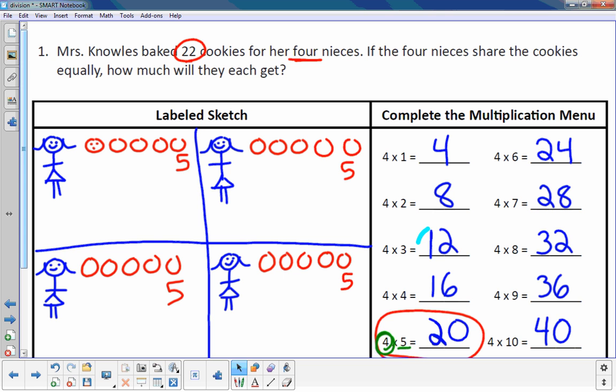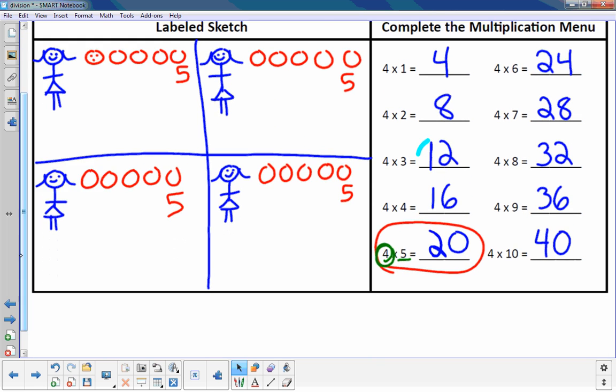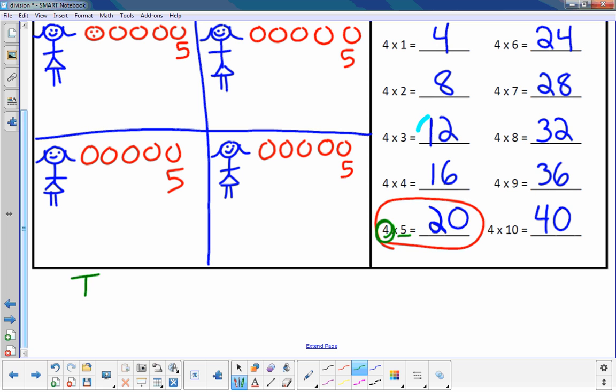So I have to draw that somehow. Maybe I'll just add a little box down here. I'll write that there are 2 cookies left over. And you could divide those cookies up if you wanted to among the girls, like they each get a certain amount.